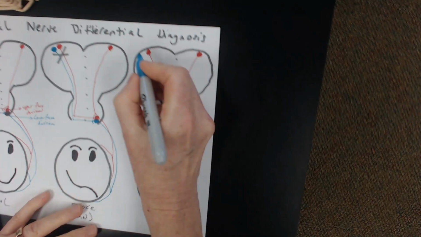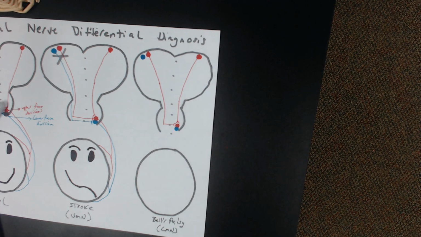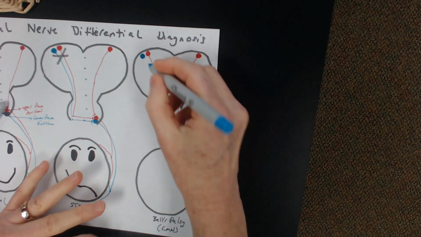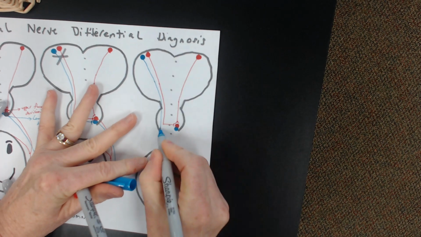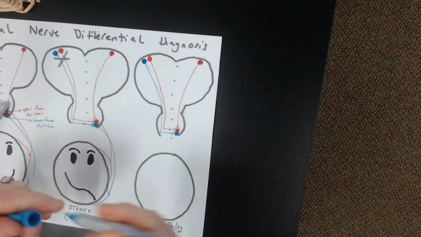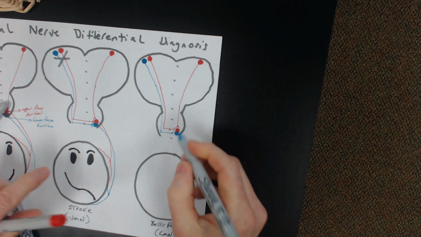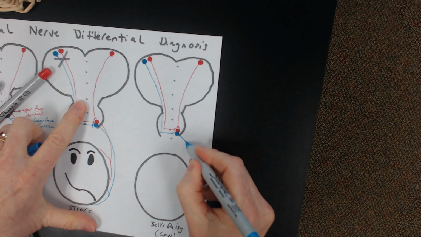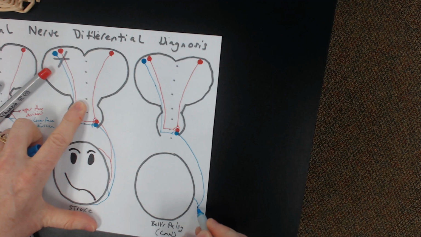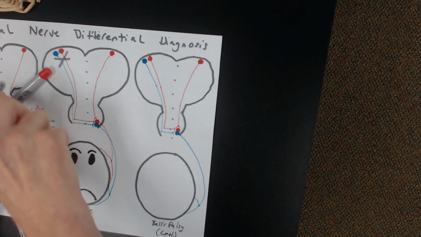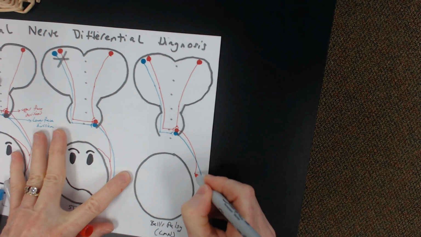And for the lower face division, the motor neuron present contralaterally only sends out an axon that decussates at the level of the cranial nerve nucleus. Okay, and so the lower face division gets the smile, and the upper face division gets the eyes and the eyebrow.